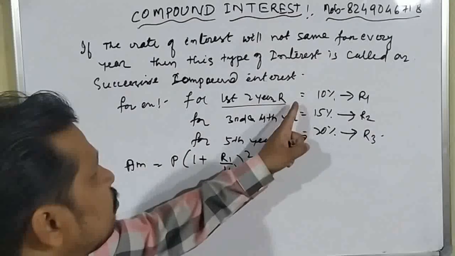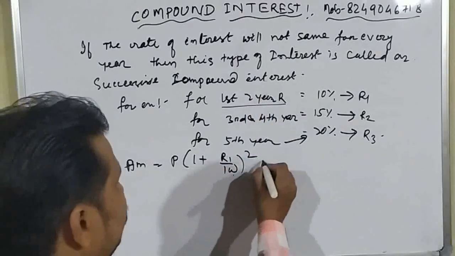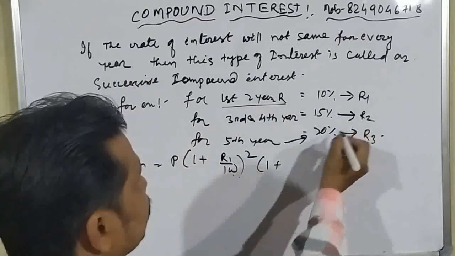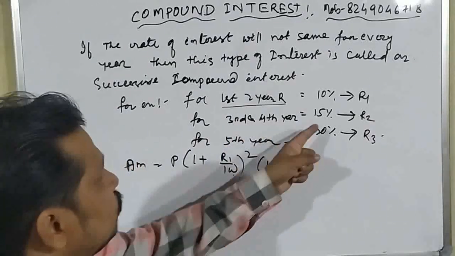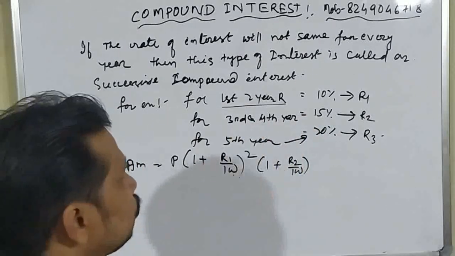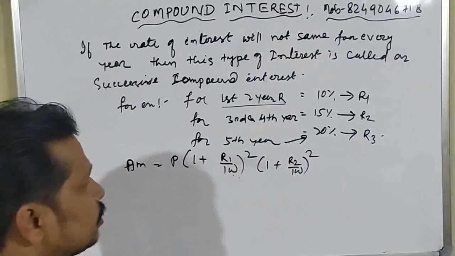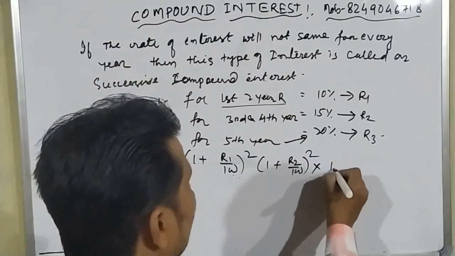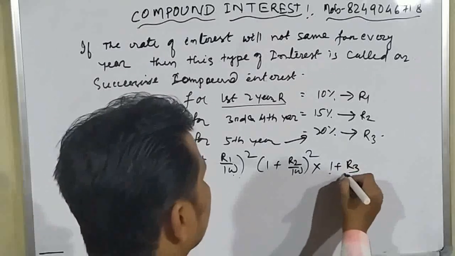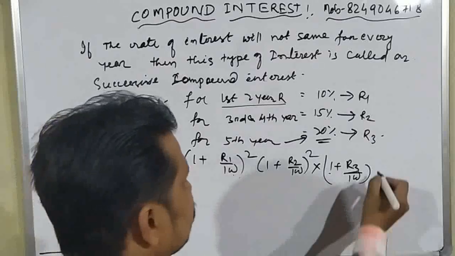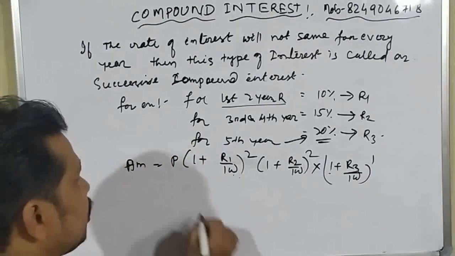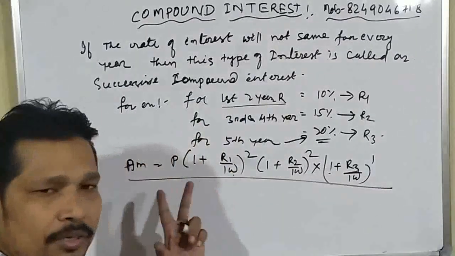Because the number of years is 2, into 1 plus R2 by 100. Here also for how many years? For the next rate, for how many years? 2 years. So here to the power 2. And into 1 plus R3 by 100, and this percentage is for how many years? 1 year. Okay, student. So in this way we can find out.